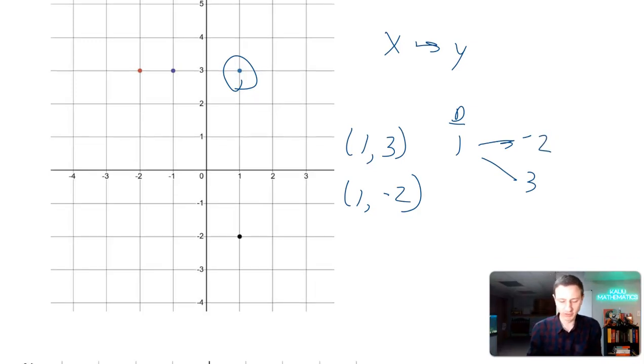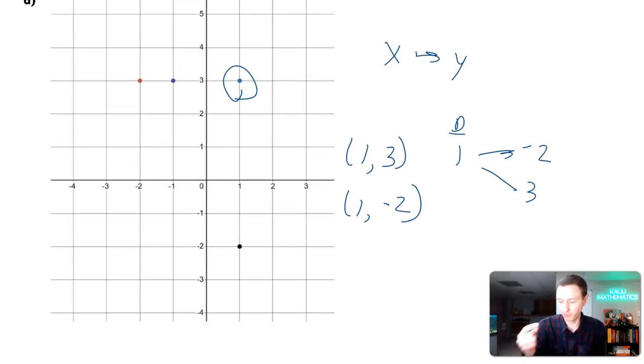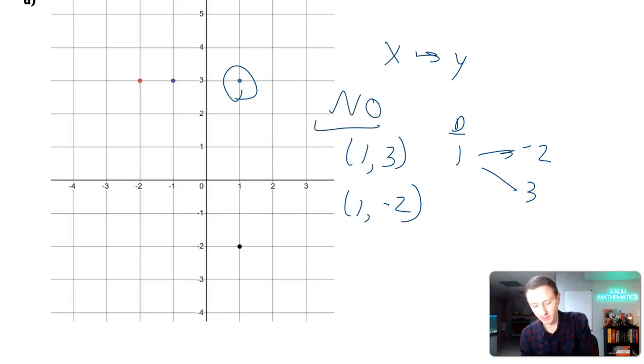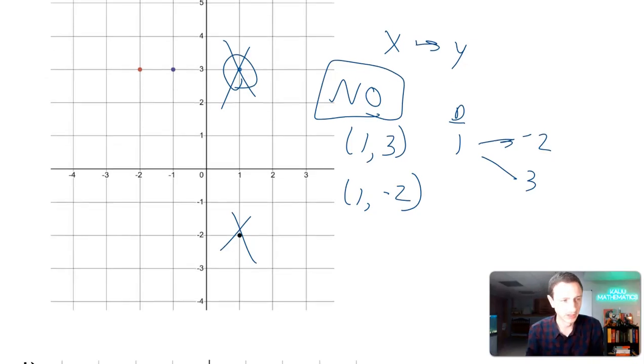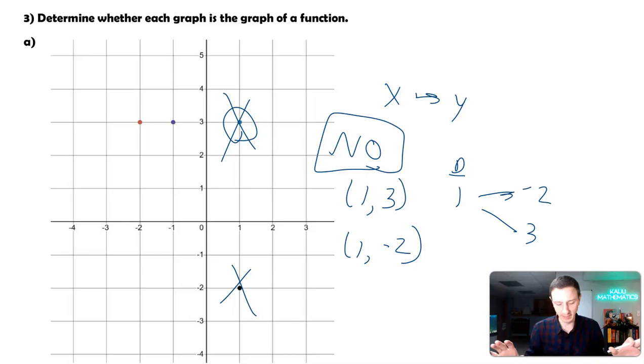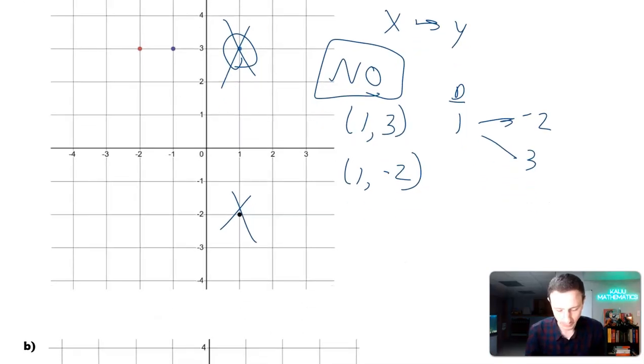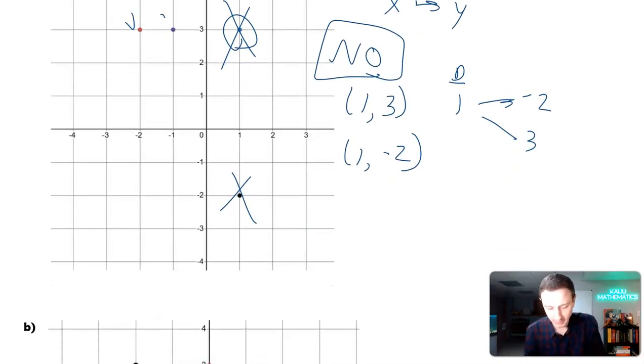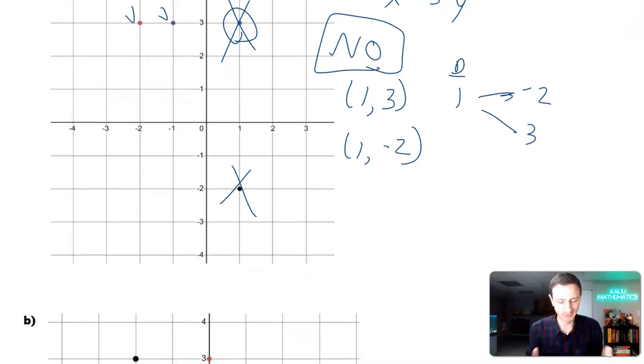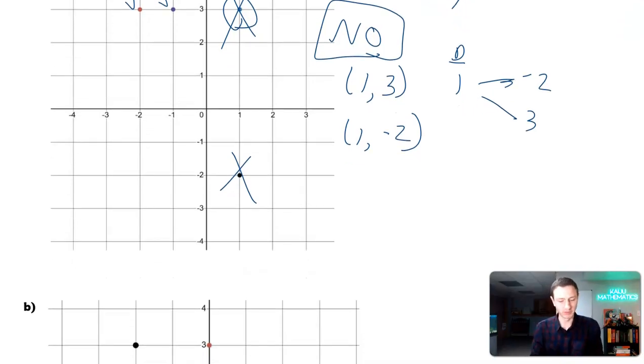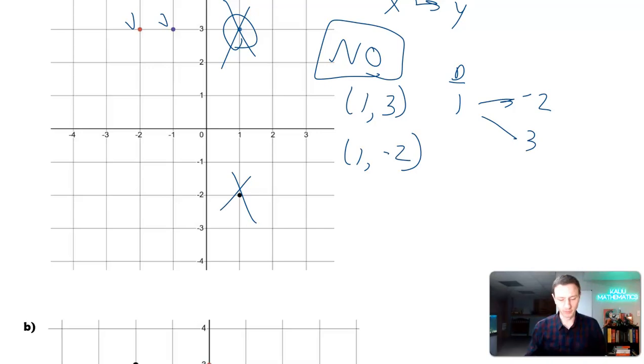This x value of 1 is going to more than one y value, so therefore this would be no, because of this point right here. Those 2 points are in the same x value of 1, so this whole graph is not a function. Even though these were okay, we want the whole graph to qualify as a function. So this would still be a no because of that.